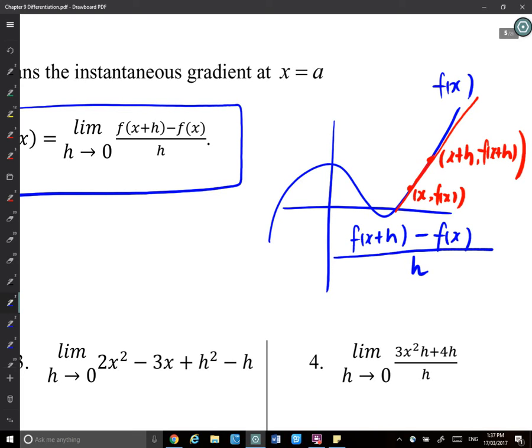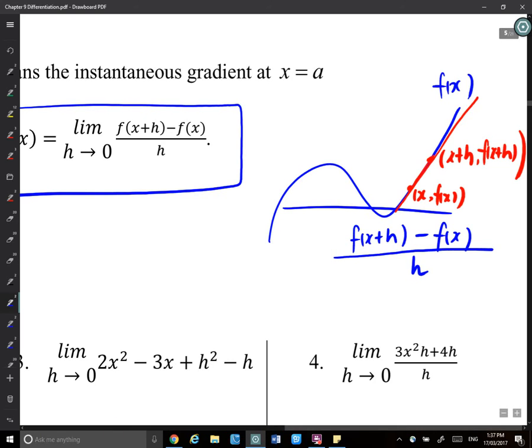But think about if the 2 points get closer to each other, really close, almost 0. There's almost no distance between the 2 points. That will exactly be the gradient at x. If you go really close to that point, it means you want the limit as h approaches 0, and you solve for that.